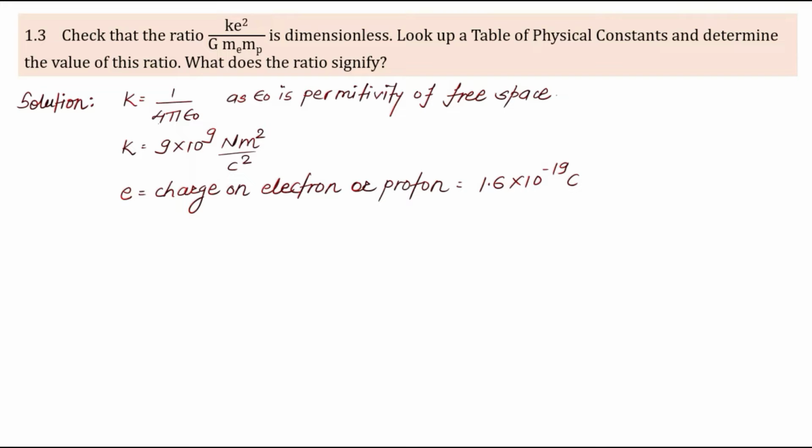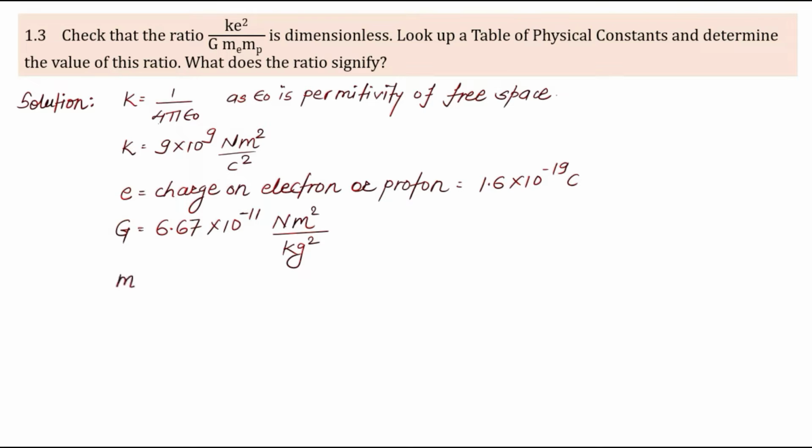Then the gravitational constant capital G is 6.67 into 10 raised to minus 11 Newton meter square per kg square.